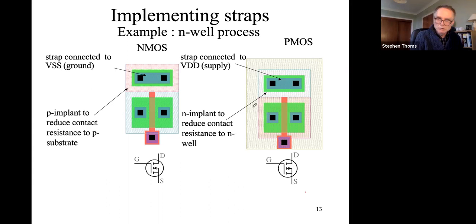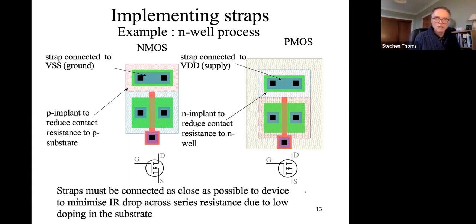You've got this large N well in which the PMOS sits. This area here is a heavier doped N implant, which is what you need to make good contact. And the straps, as you can see, are connected as closely as possible to make these body connections. So again, we've shown the body connections here and here.